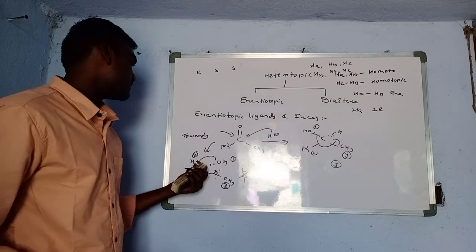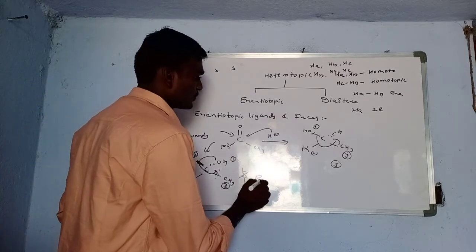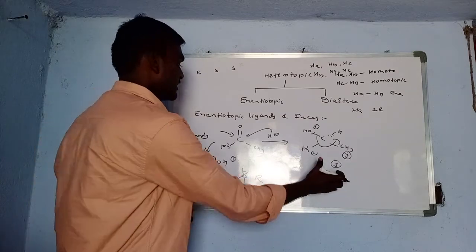Whenever the fourth priority group is towards you, an inversion of configuration takes place. So we get the R and S configurations.